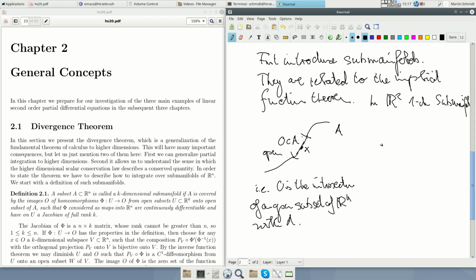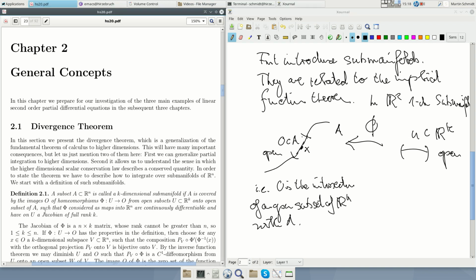And then we have a map phi around any point, which goes from some open subset U of Rk. For k equal 1, this is at least a union of intervals, so we can restrict to an interval.